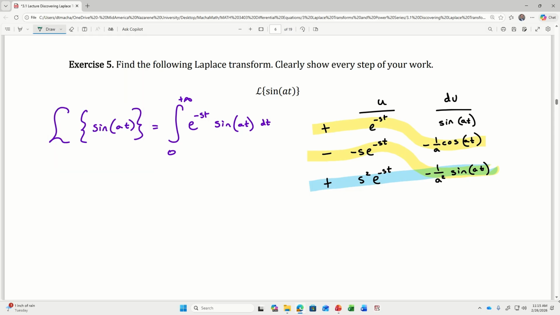So after integration by parts, we find that this integral is negative 1 over a e to the negative st cosine of at.